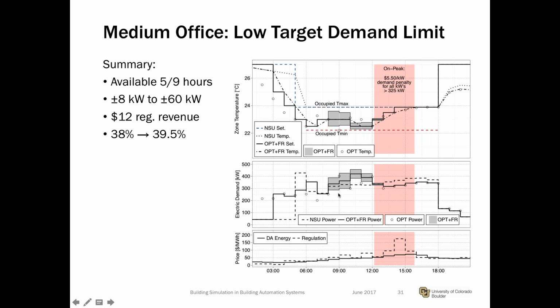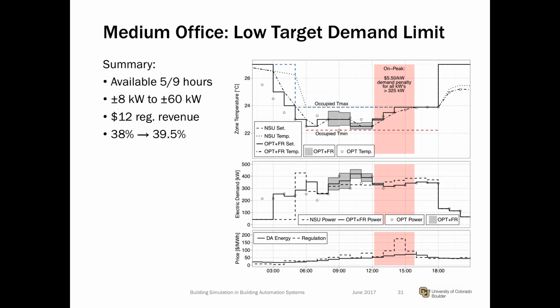So when the optimizer has the freedom, it will play in both markets, but if there is a target demand limit, in this case, it costs us $5.50 per kilowatt above 325 kilowatts. So it elects not to participate during that time.